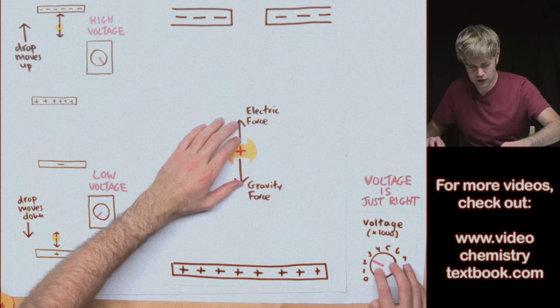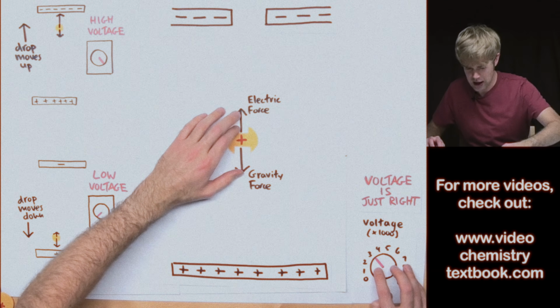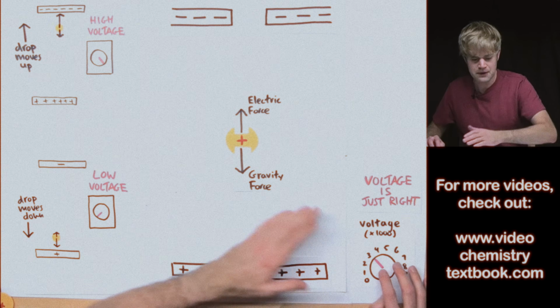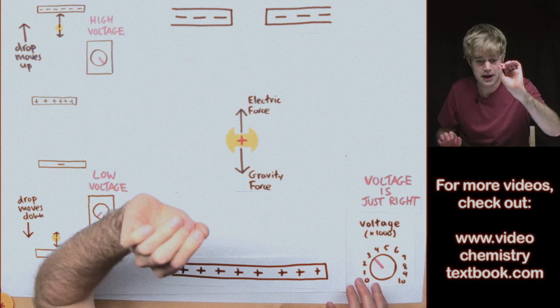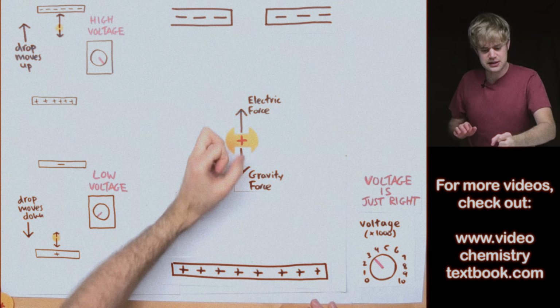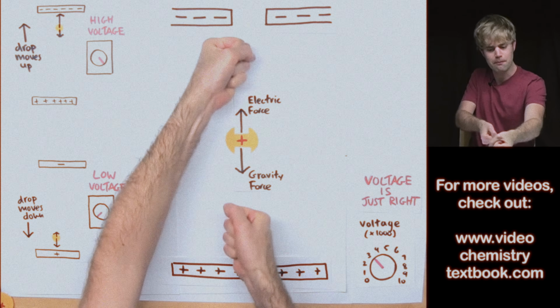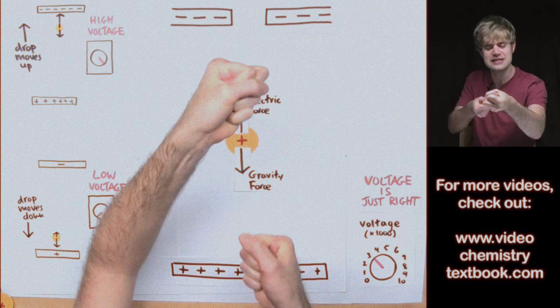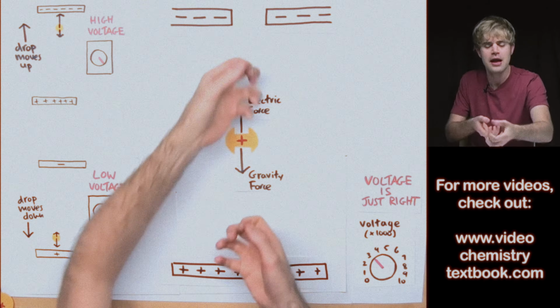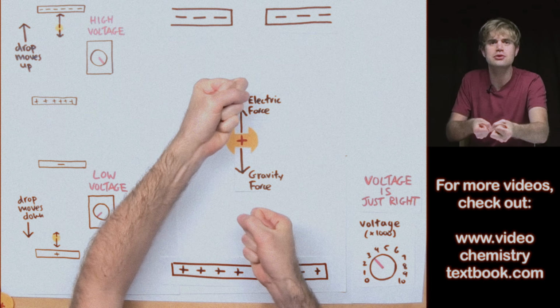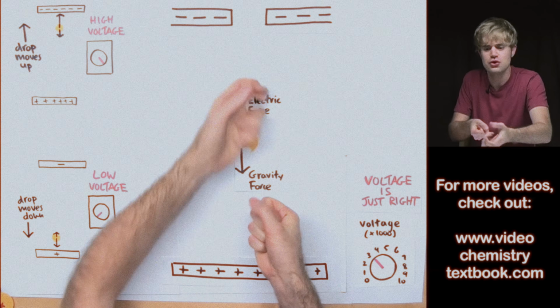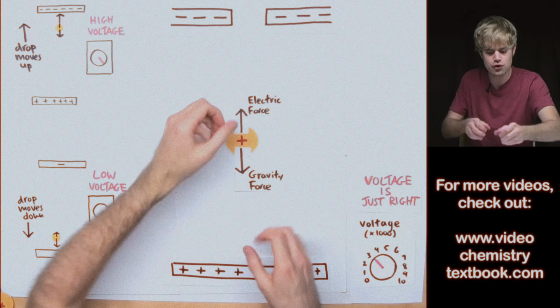But if we get the voltage just right, the drop isn't going to move up, it's not going to move down, it's just going to float in midair. That's because the electric force and the gravity force are both pulling, but they're pulling the exact same amount. It's like two teams trying to play tug of war, but both teams are equally strong, so they can't move the rope in either direction.